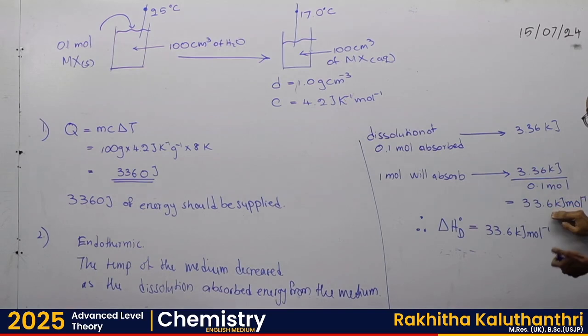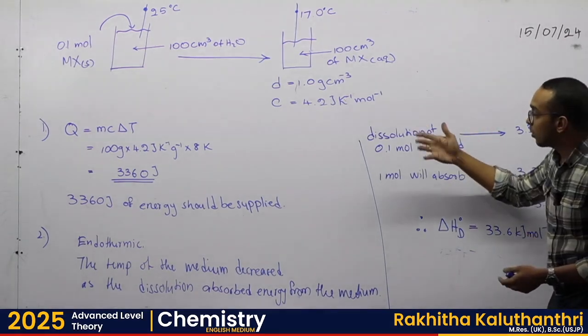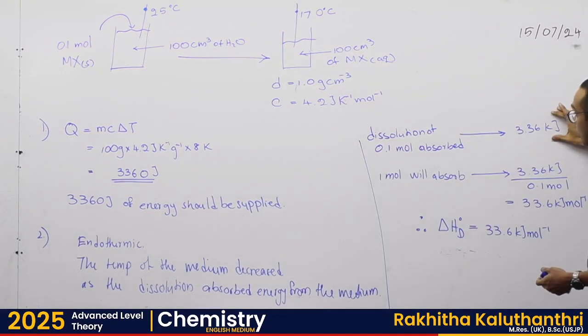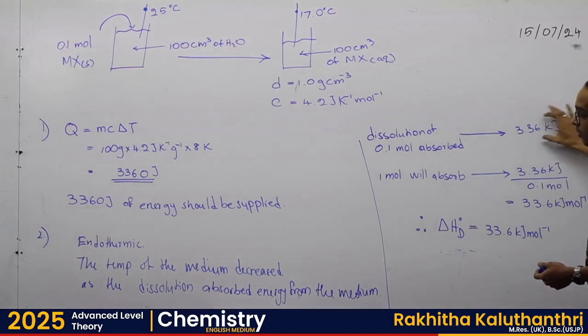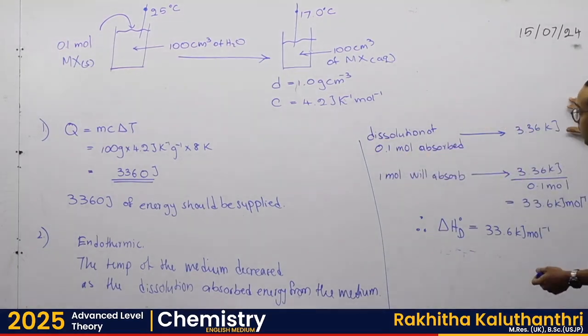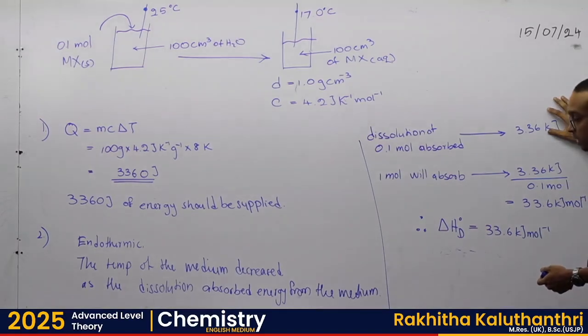Is it understood? So whenever you are talking about enthalpy change, you can't keep the final value in just kilojoules. That means you have to calculate how many moles release this. Okay, 0.1 moles dissolving in water release this. That means, not release actually, absorb this.